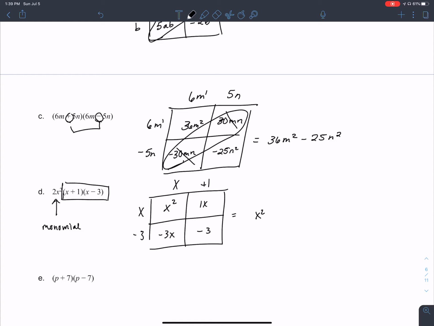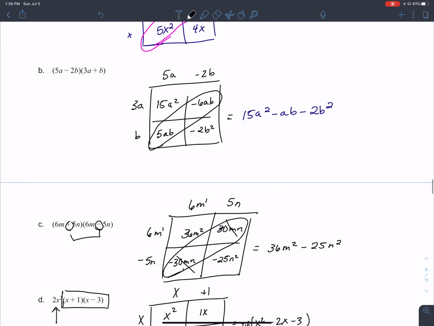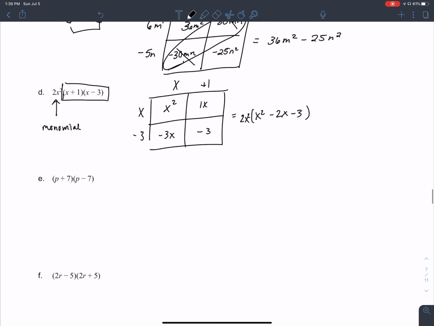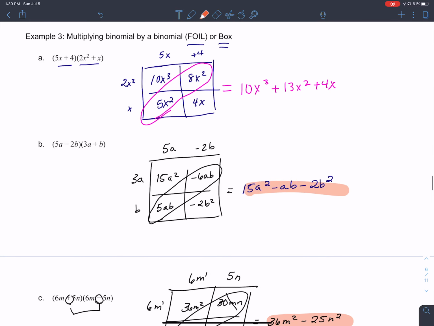That equals x squared minus 2x minus 3. But I'm not done because I still have that 2x squared. That follows back to distributing the monomial times the polynomial. So let's do that. I get 2x to the fourth minus 4x cubed minus 6x squared. And that's my answer. I should highlight my answers here, just so when you go back and look at them.